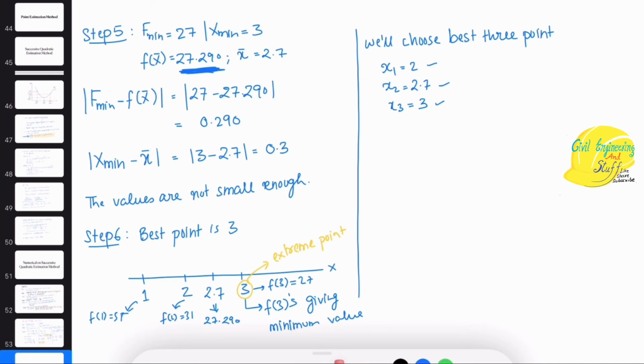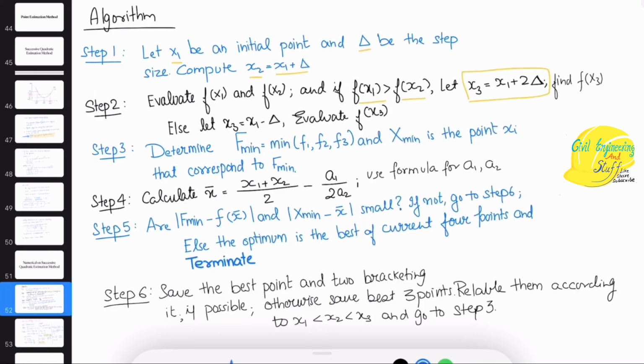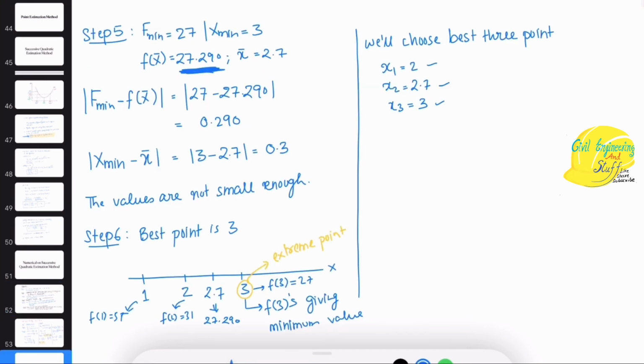So the three best points that we have chosen are these, right? And we will move back to step number 3. Through this we have completed our first iteration. Now let's do iteration number 2.